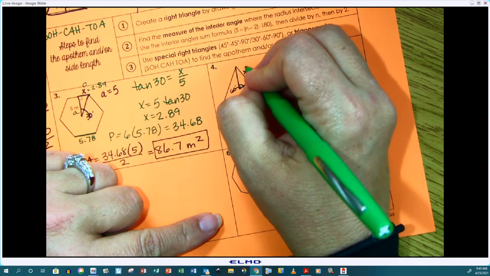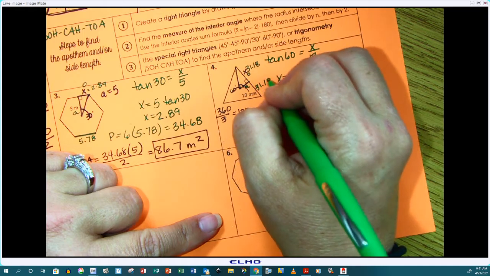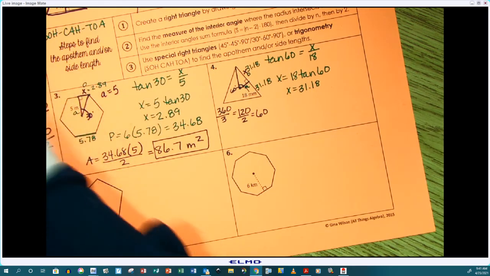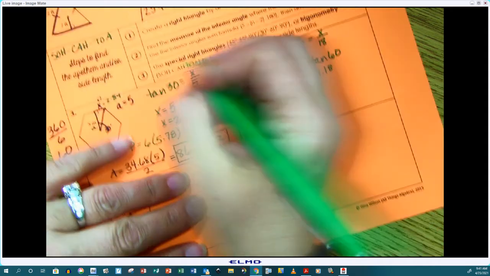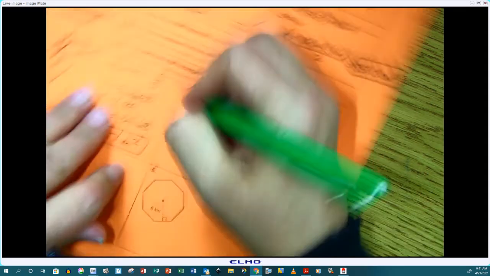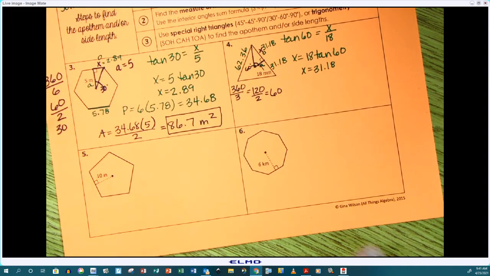So this part is 31.18. 31.18 times 2, so that makes the whole side 62.36.